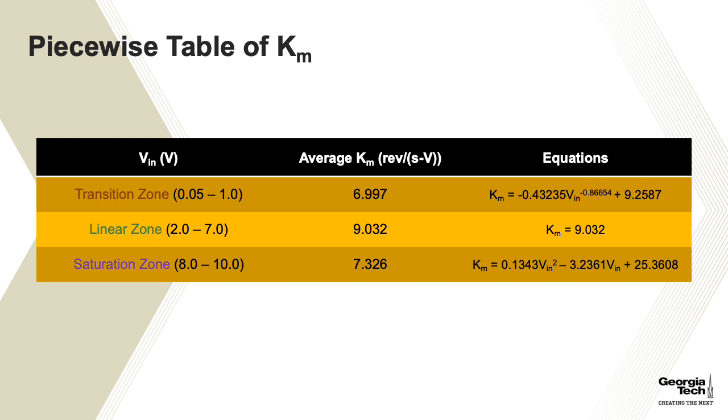The linear zone from 2 to 7 volts had an average motor constant of 9.032 revolutions per volt-second, and that had an equation of a constant 9.032. And finally, the saturation zone from 8 to 10 volts had an average motor constant value of 7.326 revolutions per volt-second and had the following equation.